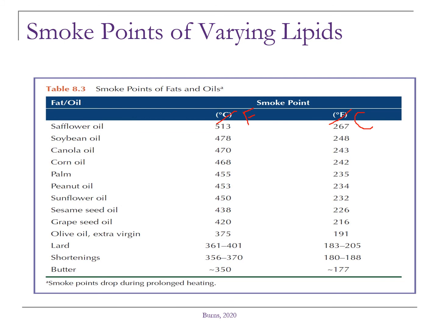As you can see, the smoke point of lipids is significantly higher than the boiling point of water. This is what makes fats an excellent cooking medium, because they can cook the foods to a much higher temperature than what water can. These higher temperatures lead to the crispy French fry or chicken nugget rather than a soggy one.